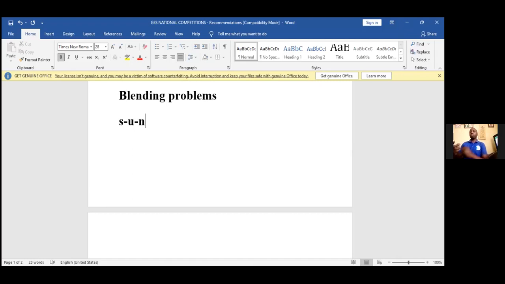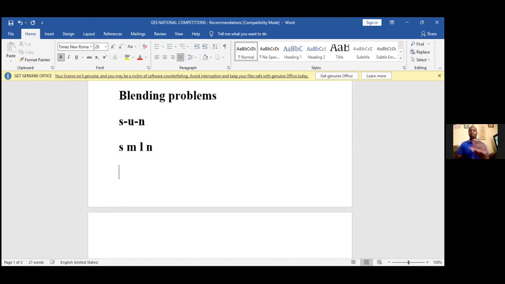Number two, when you are introducing blending, start blending by giving children words whose sounds can be sustained. When I say sustaining, I want us to look at the sounds s, l, n.